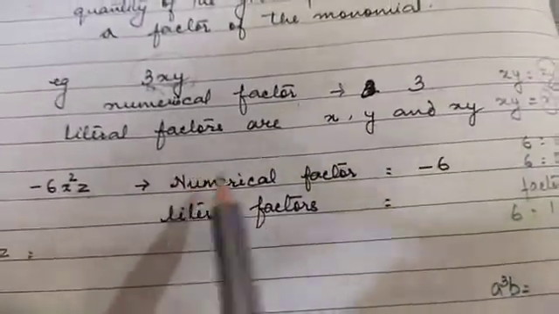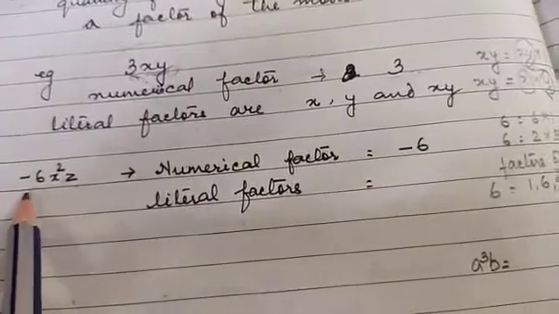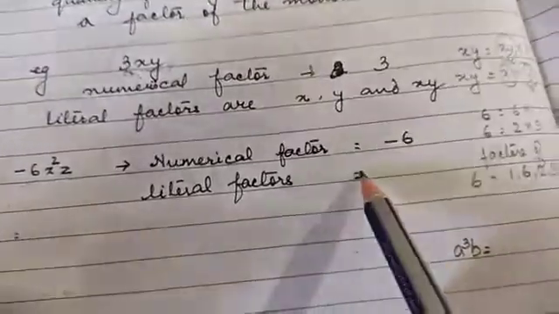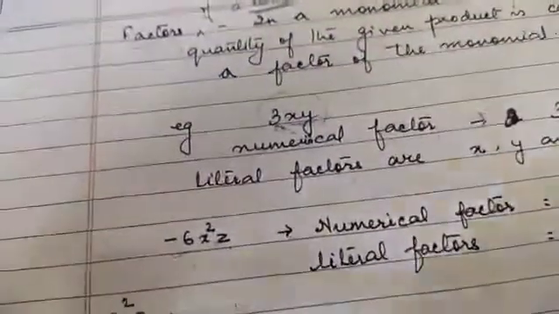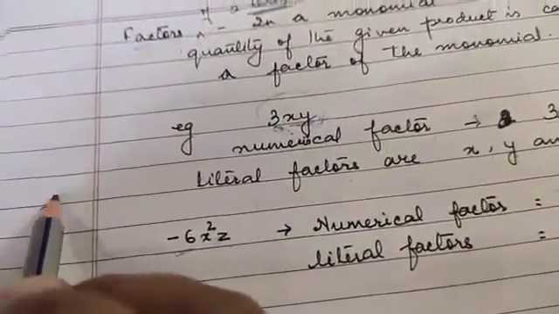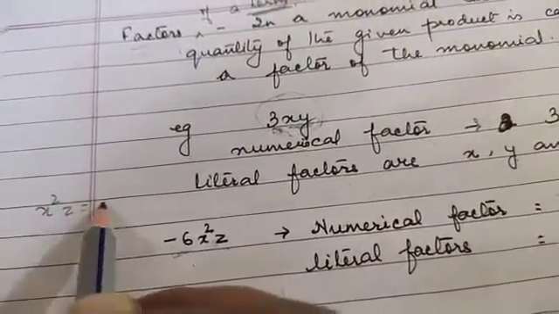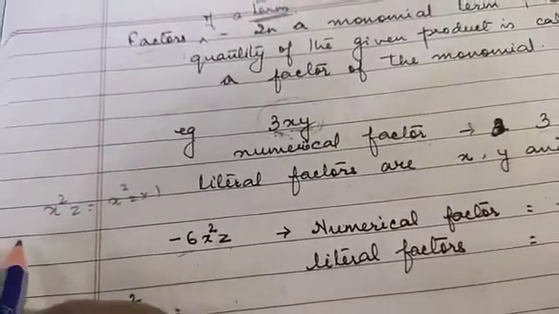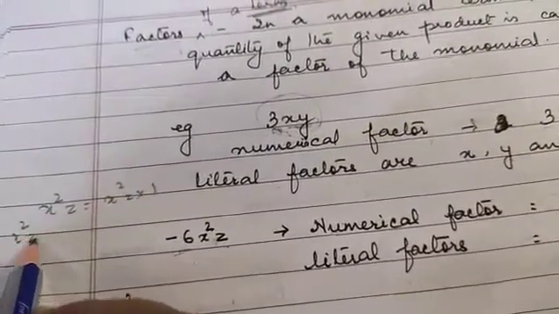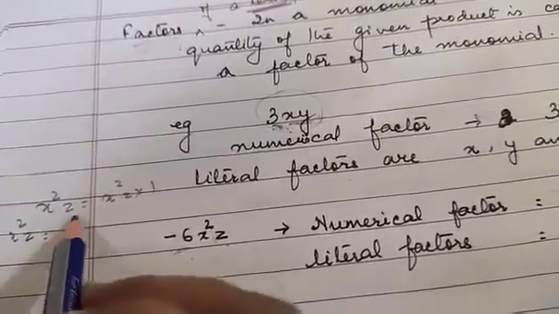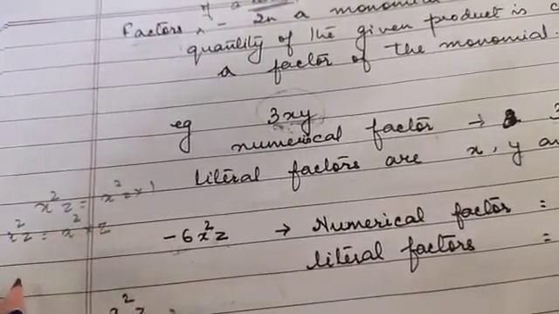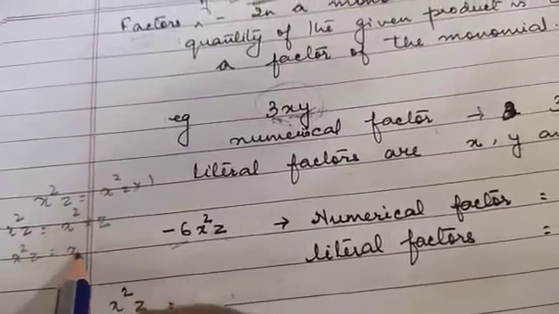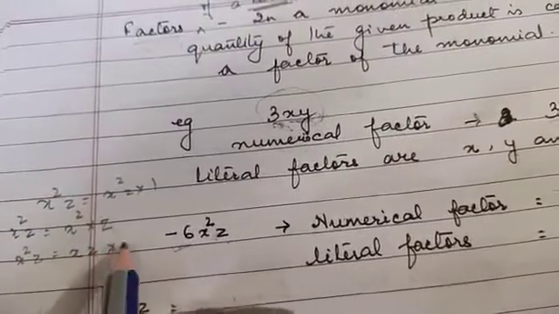In this, the numerical factor is what? The numerical factor is minus 6. Minus 6 is being separated. Now what are the literal factors? Let us find out over here. x square z is equal to x square z into 1. x square z is equal to x square into z. x square z is equal to xz into x.